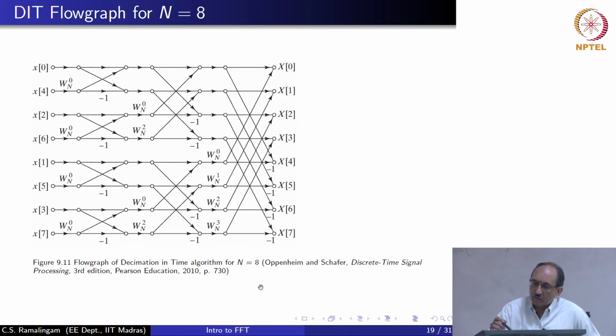What I have shown here is that I have further divided this, which consisted of the even indices 0, 2, 4, 6, into its odd and even indices. Therefore, this becomes 0, 4, 2, 6, and 1, 3, 5, 7 now becomes 1, 5, 3, 7. So, this is the complete flow graph for the 8-point DFT, and remember, this is all sums and differences. This point is the sum, this point is the difference, because the weight factor is -1, okay.